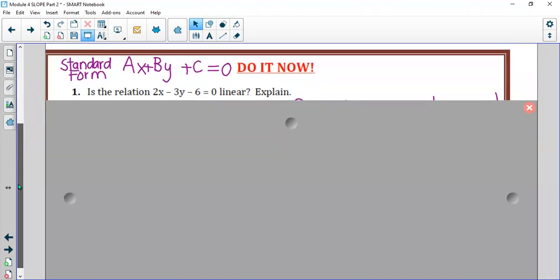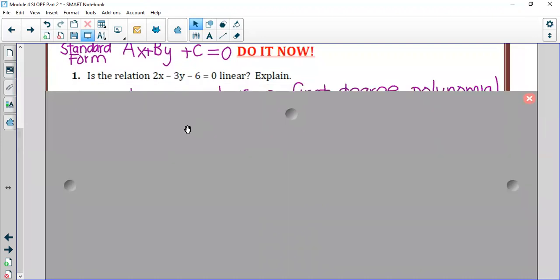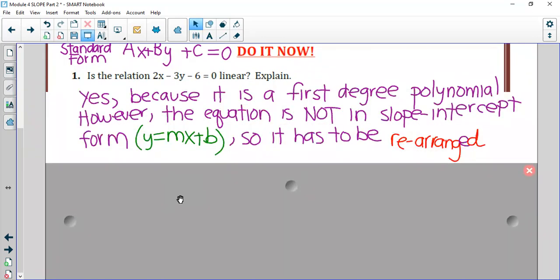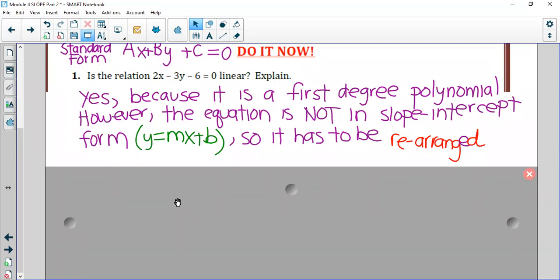Okay, so here's a standard equation of the line, and the question is asking us, is this line linear? So this would be my answer. Yes, it is a first degree polynomial. That means that our x and y are to the power of 1. That's what a first degree polynomial means.